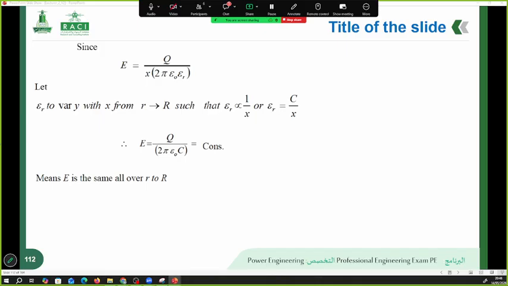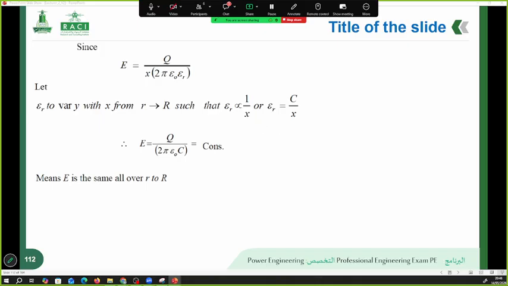To achieve this, the relative permittivity epsilon r is made to vary with the radial distance x in a specific way. The condition for uniform stress is that epsilon r must be inversely proportional to the distance from the center x. This relationship is expressed as epsilon r is proportional to 1 over x.